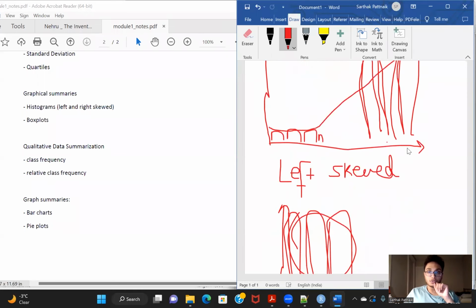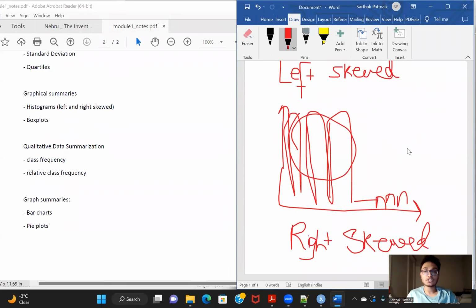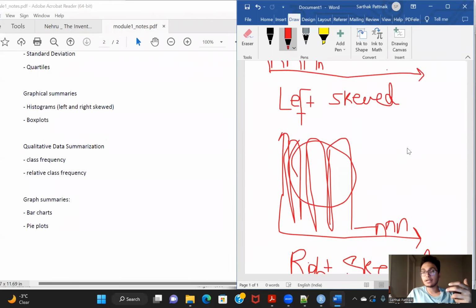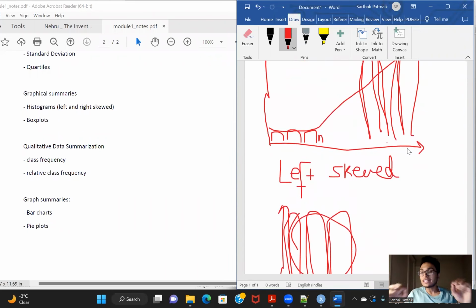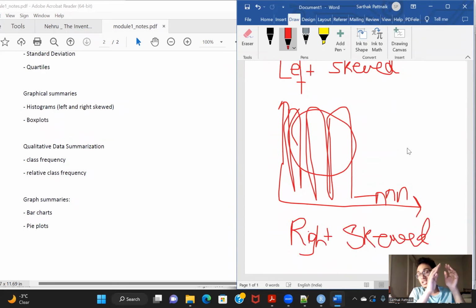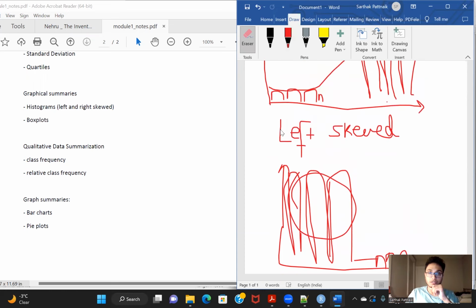Okay. So the difference between left skewed and right skewed histograms, and the way to remember it, is to spot the tail. The tail is where there are fewer observations. So in a left skewed histogram, majority of the observations lie on the right and the tail is on the left. Similarly, for right skewed, majority of observations lie on the left. Therefore, the tail is towards the right. This is the difference between left skewed and right skewed histograms.